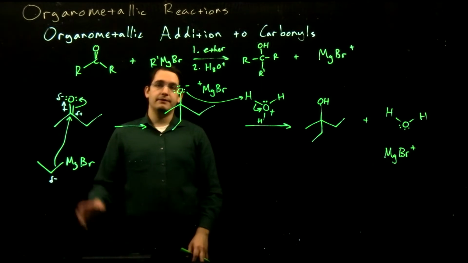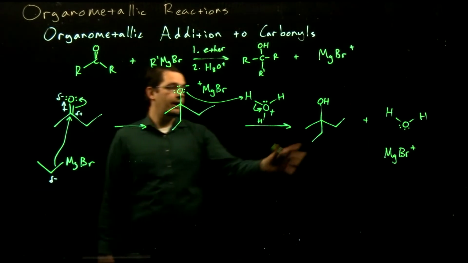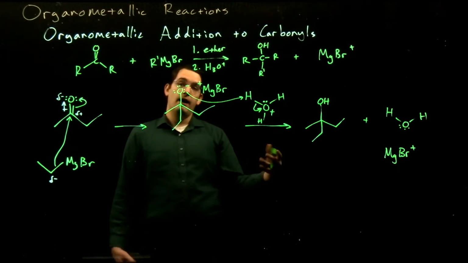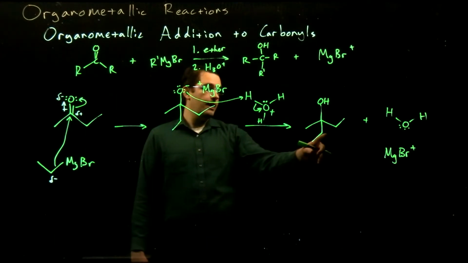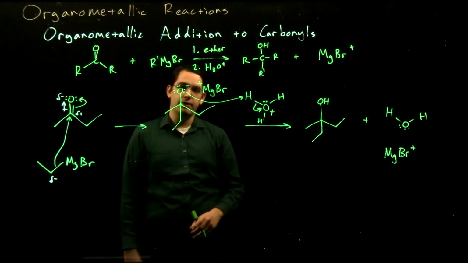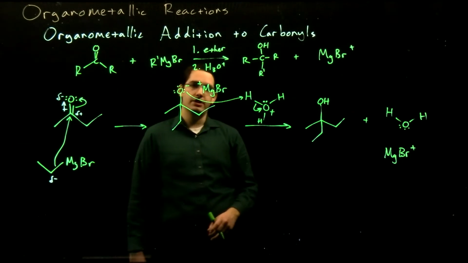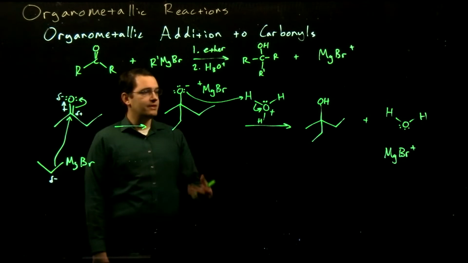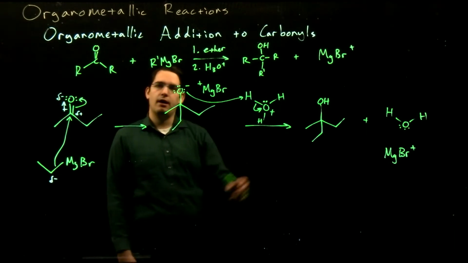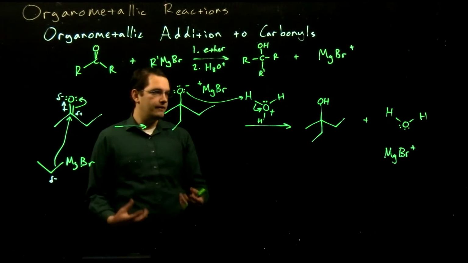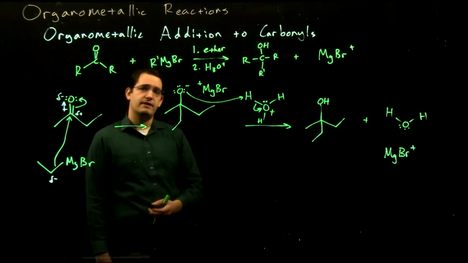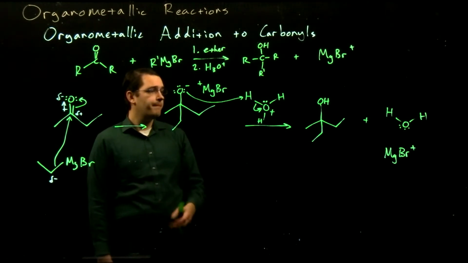So overall we're able to take a carbonyl and create an alcohol from that carbonyl, but of course the most exciting thing that we're doing here is we're able to add new carbons onto our existing carbon chain. Right? So again, what we've seen before is that it's actually somewhat difficult to add on more carbons to a structure because carbon-carbon bonds are relatively stable and can be hard to form.